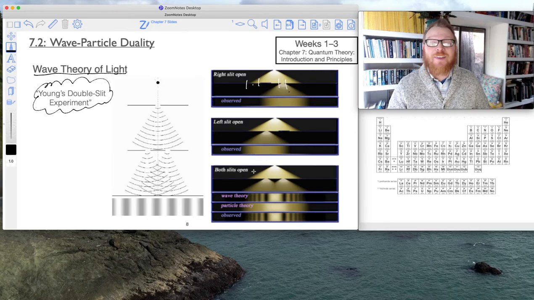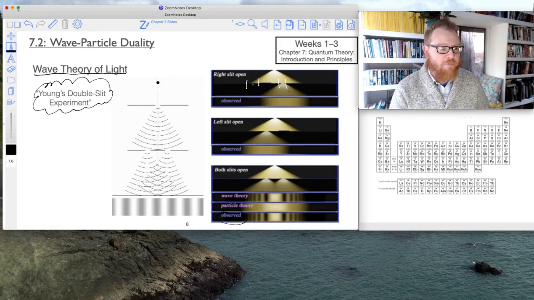But now something different happens when both slits are open. This is very fascinating. When both slits are open, you can see we get two beams of light. And then what was observed is down here below.